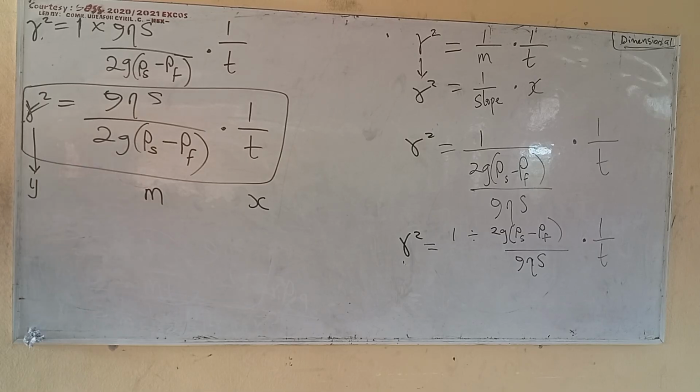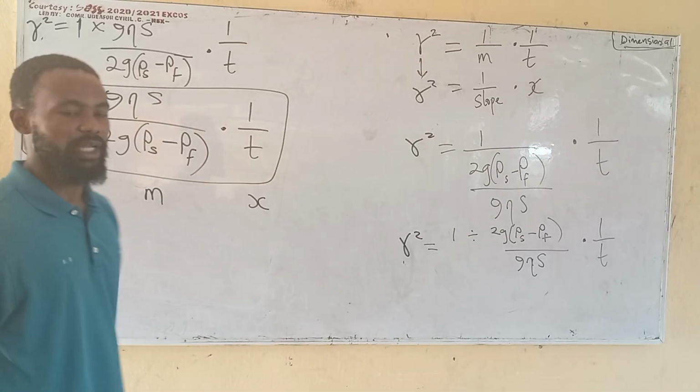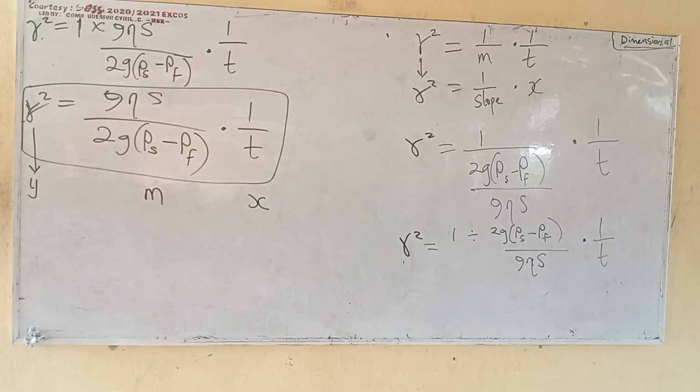So what we've done here is what we call going through the right procedure. Whatever you are doing is what we refer to as manipulation. But the right thing to do is simply this. Let me look at your manual again.